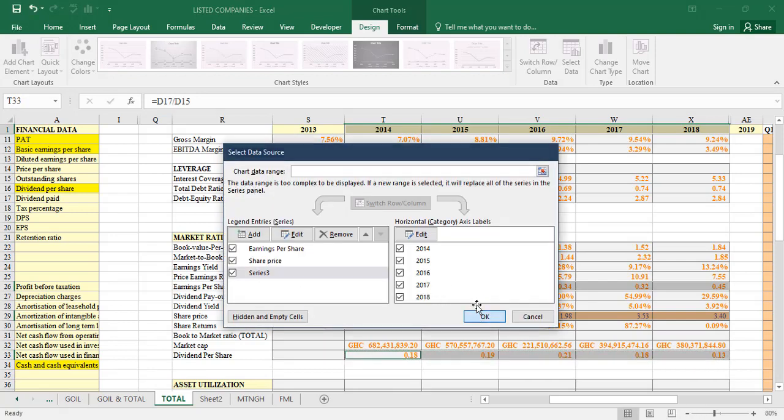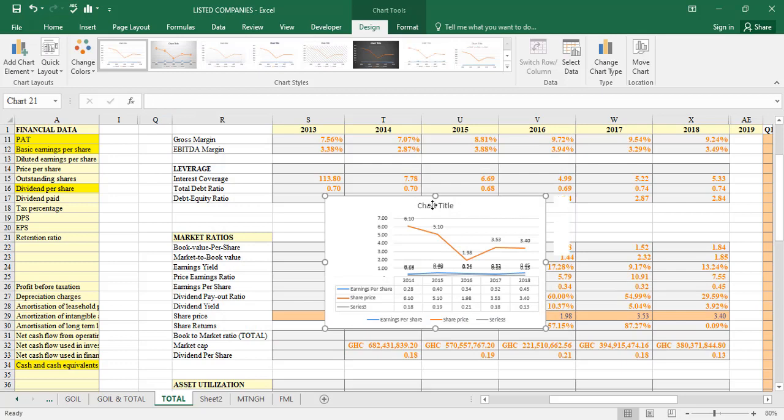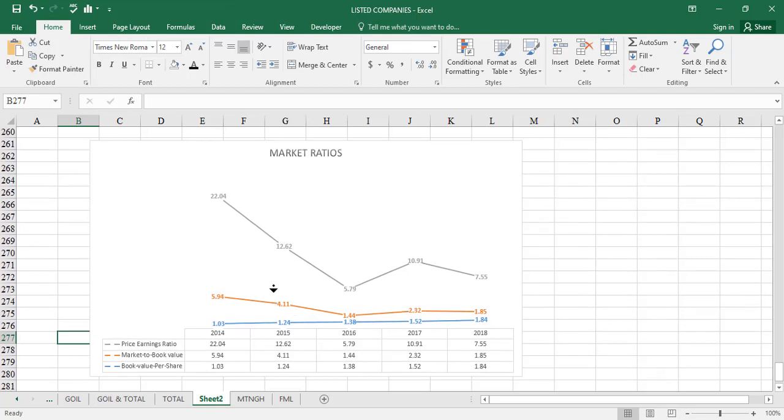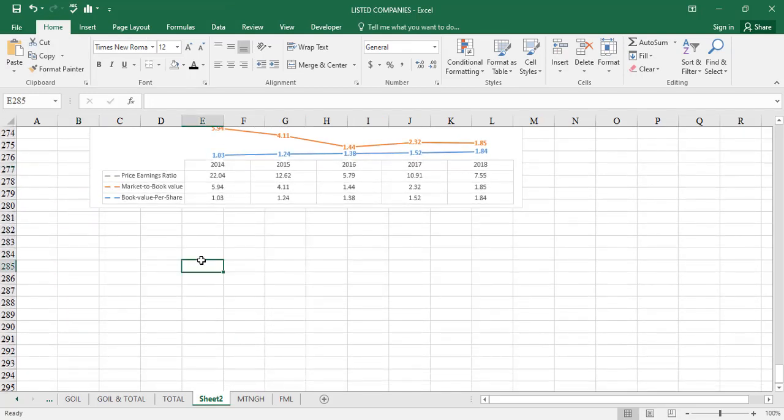So let's go for it and rename it as market ratios. Okay, so now let's cut it to our blank sheet and see how it's looking.